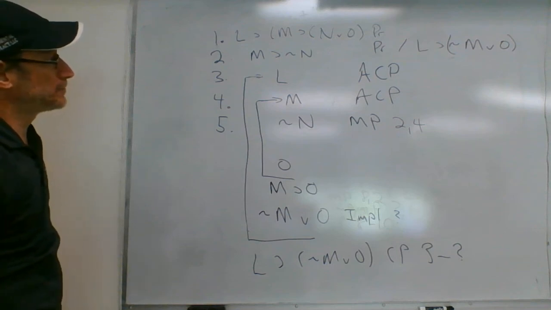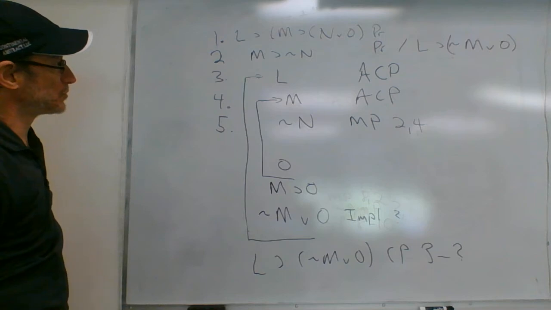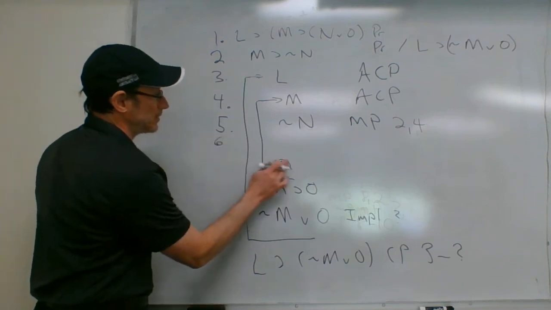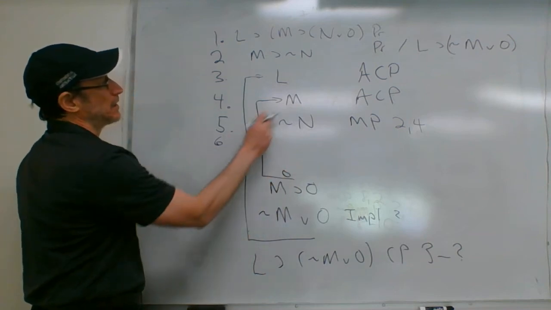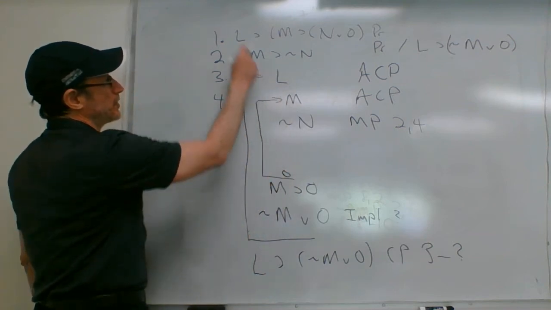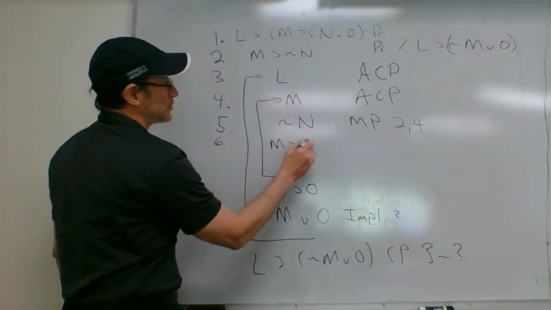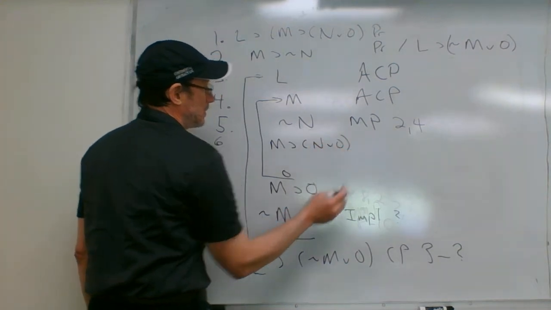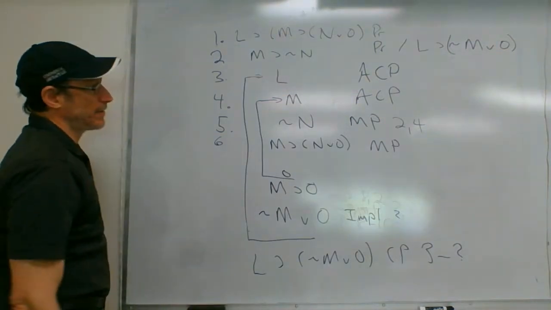And now I can also get by a modus ponens that thing, M horseshoe N wedge O. So I might need a little more room here. But step 6, I do a modus ponens on 3 and 1. I get M horseshoe N wedge O. This is modus ponens on 1 and 3.